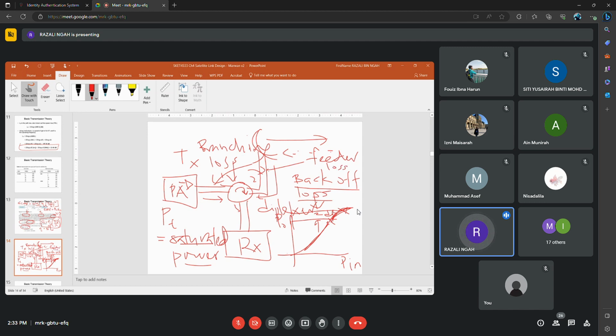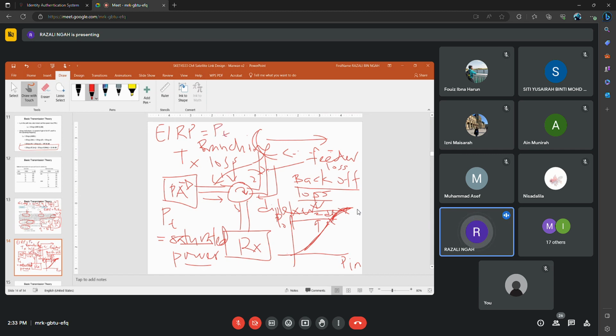Okay, so in order to determine EIRP for a satellite, we need to consider from this power amplifier until this antenna. EIRP normally refers to the transmitter side. So we have PT.